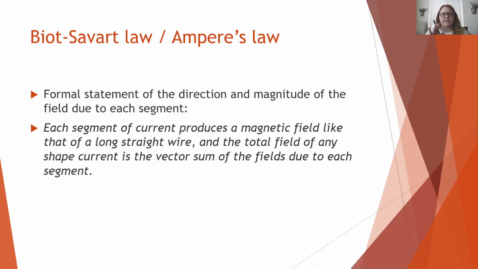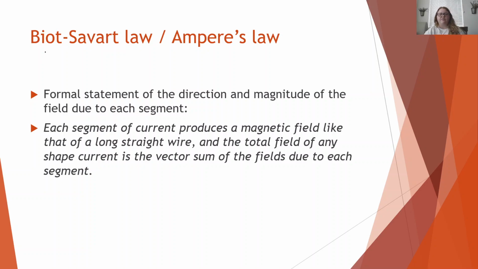All right, so this is another, just understand the statement. This is a formal statement of the direction and magnitude of a field due to each segment. So each segment of current produces a magnetic field like that of a long straight wire, and the total field of any shape current is the vector sum of the fields due to each segment.